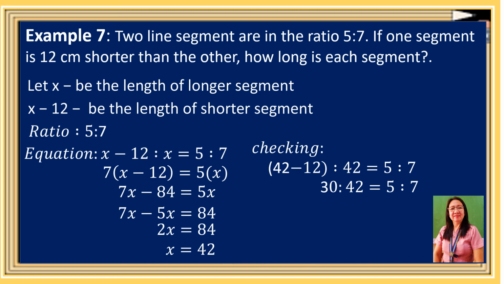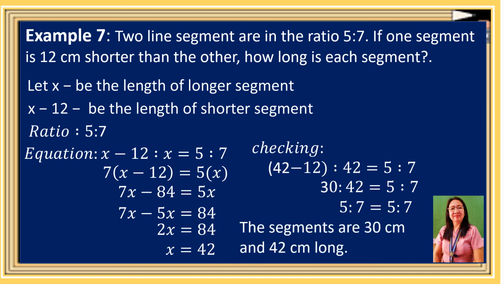Dividing them by 6 will simplify to 5 to 7. Now, since the left and right ratios are equal, we call this a proportion. Therefore, the segments are 30 centimeters and 42 centimeters long.